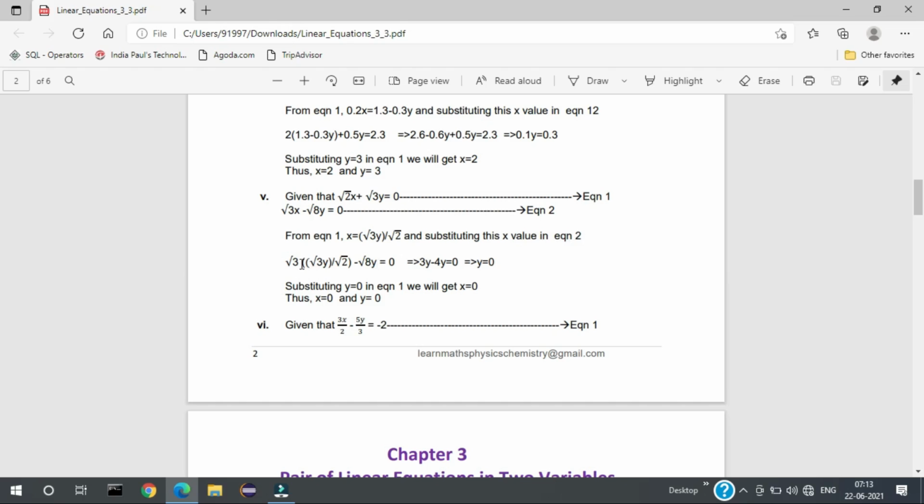Hence, root of 3 into root of 3 y by root 2 minus root 8 y equals 0. That implies 3y minus 4y equals 0. That implies y equals 0. Substituting y equals 0 in equation 1, we will get x equals 0. Thus, x equals 0 and y equals 0.